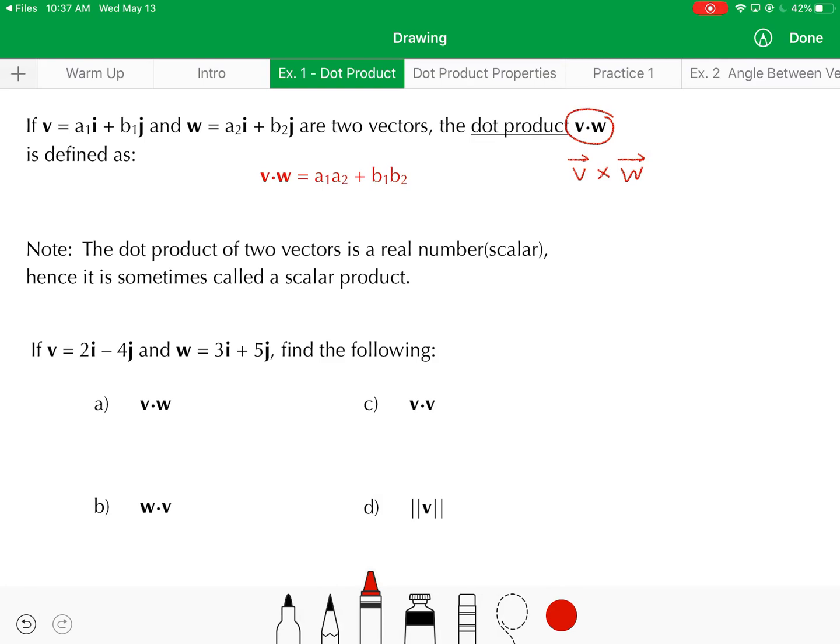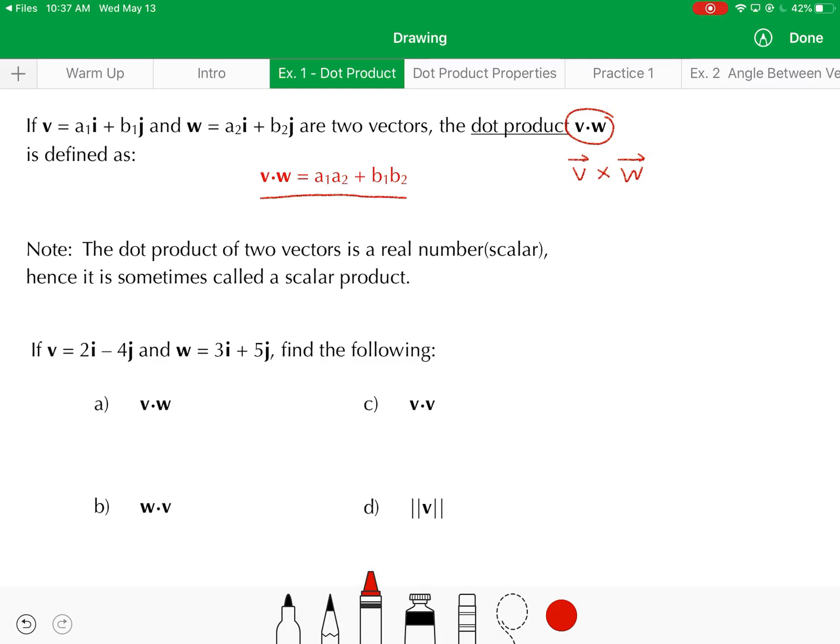Now notice we have a little formula here for finding the dot product. It's in red right here in the middle of the screen. So you're taking the two horizontal components of your vectors and multiplying those together, in this case a sub 1 times a sub 2. And that's being added with the product of the two vertical components, b sub 1 and b sub 2.